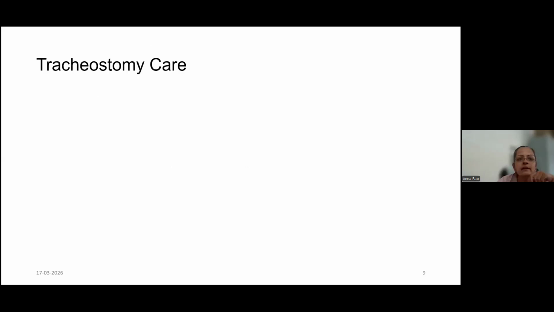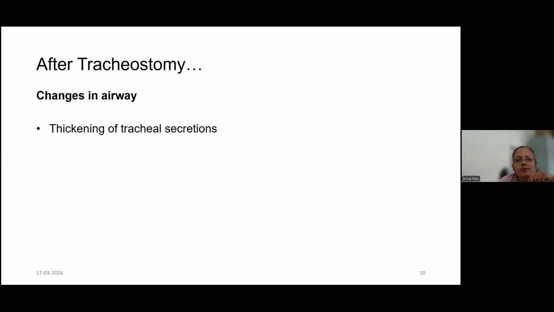First, we will focus on tracheostomy care. Yeah. So the patient will look like this, and after tracheostomy, because the opening is made right into the trachea, right, the anatomy and physiology changes, right? We know the function of the normal trachea, like what it does, it helps in humidifying.